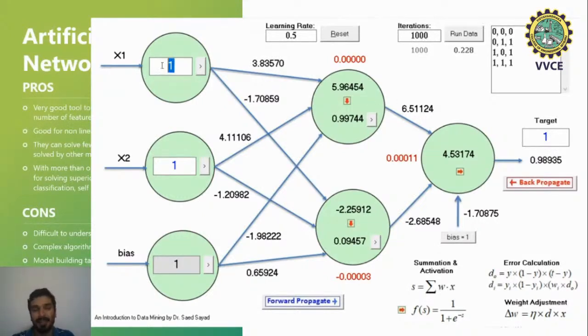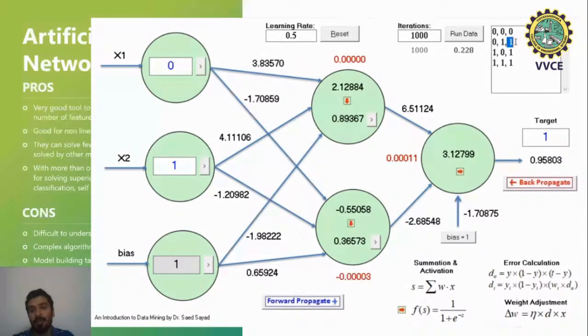But now let's see in between what happens if you feed 0 and 0. Earlier it was giving us something around 0.65. Now if you feed 0 and 0, the output is 0.06, which is very close to 0. If you feed 0 and 1, with these calculations, the output will be 0.95, which is very close to 1.